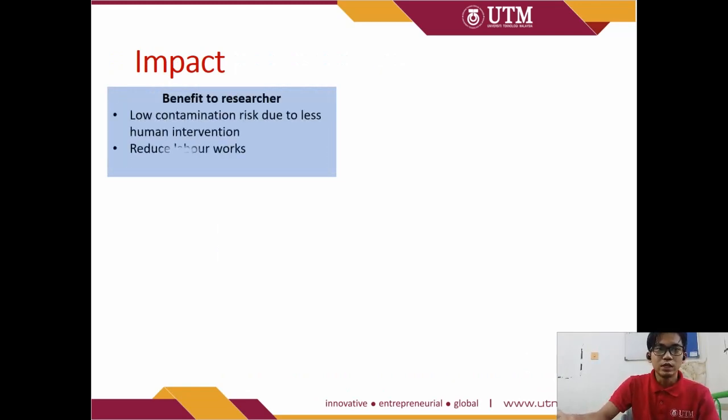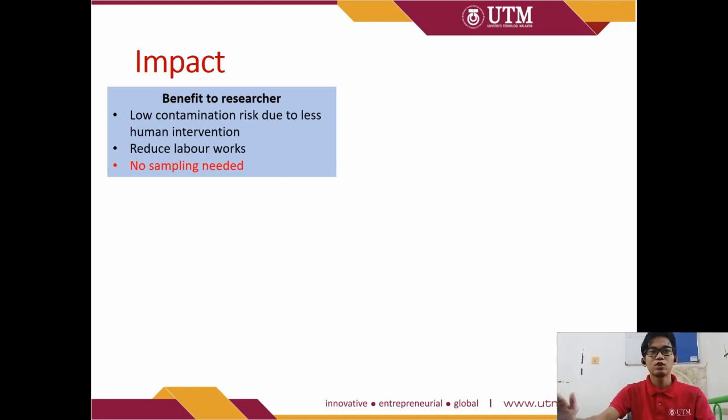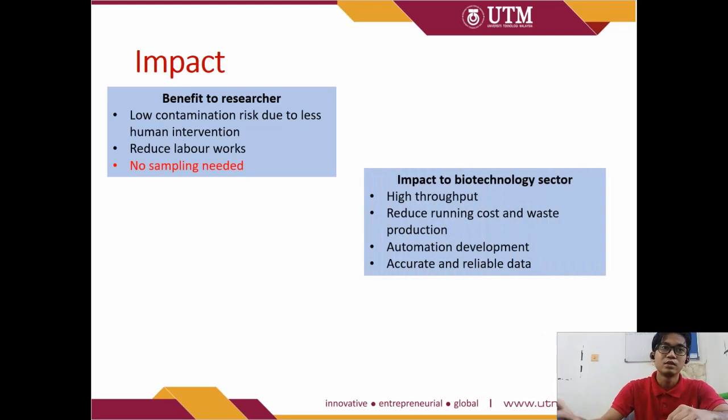Alright, we go to the impact of this prototype. The first impact is toward the researcher, where the contamination risk can be reduced, the labor work can be reduced, and also there will be no sampling needed, so experiment is no longer a hassle or labor intensive.